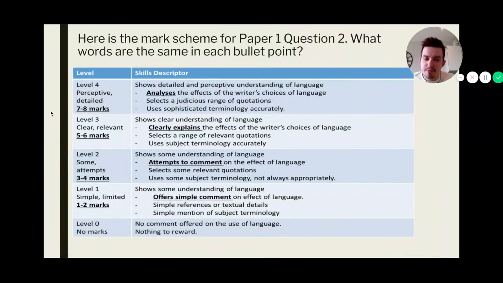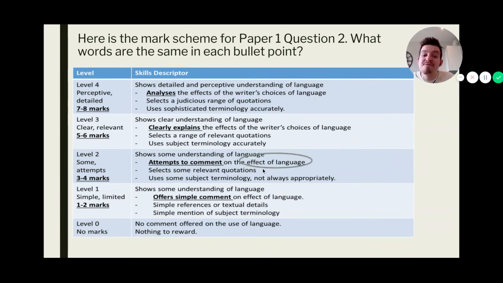Here is your mark scheme for paper 1, question 2. Now, if we're aiming for a grade 4 or 5, we need to be aiming for half marks as a minimum in this question. I'd love for you to be able to get higher, but ultimately, if we're aiming for a grade 4, we need to be getting at least 4 marks out of the 8 that we could possibly get. And in this mark scheme, we're looking for 3 things.